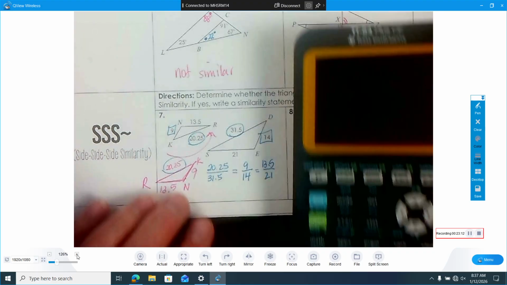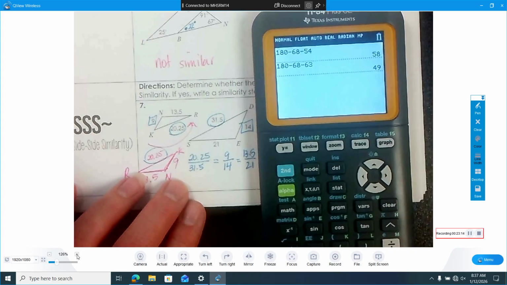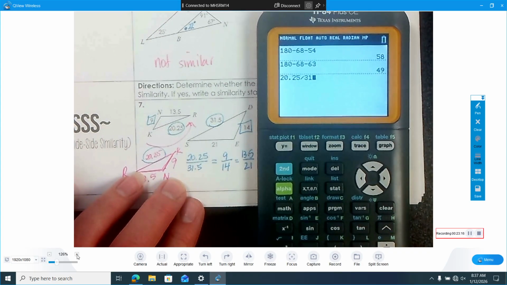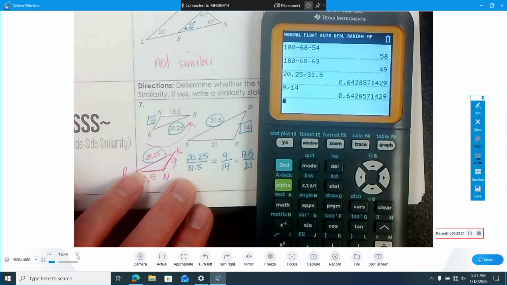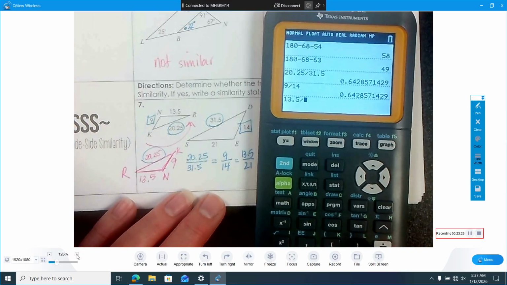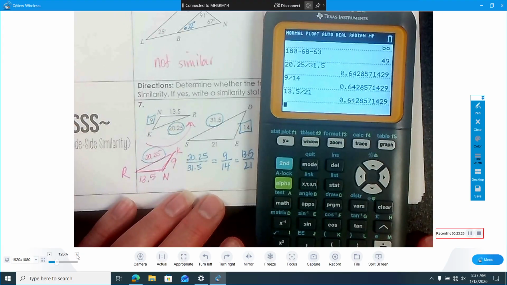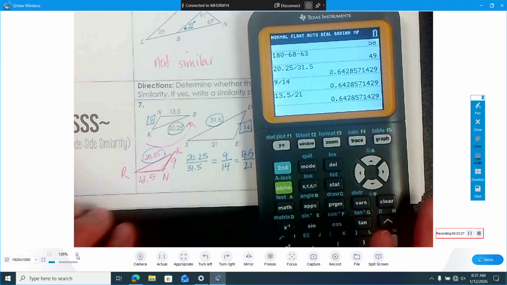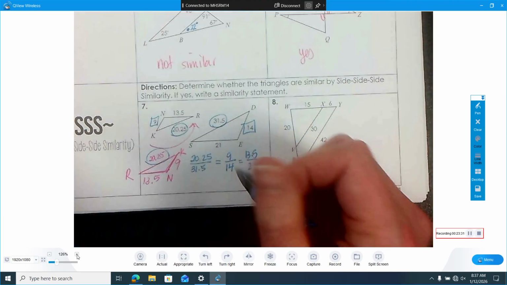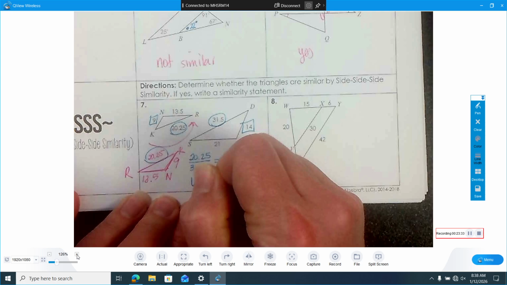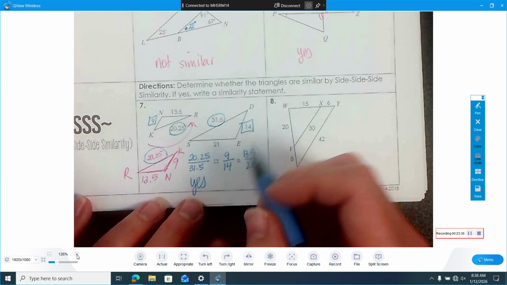And again, I need to see if they're the same. So 20.25 over 31.5, 9 over 14, and 13.5 over 21. Are they the same? Yeah, they are. They all equal some crazy decimal there. So yes, they are similar by side, side, side similarity.